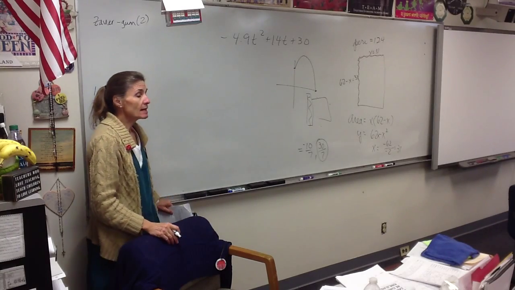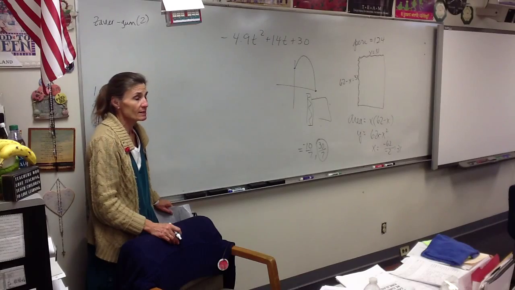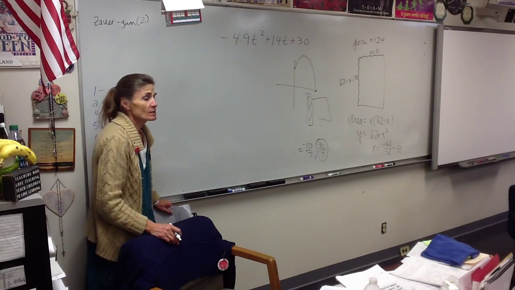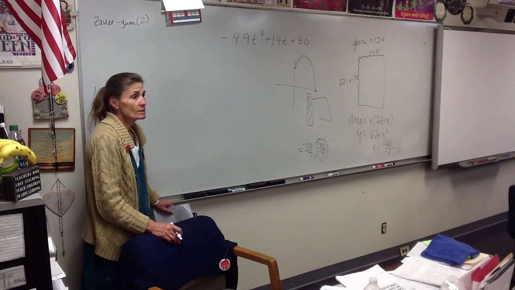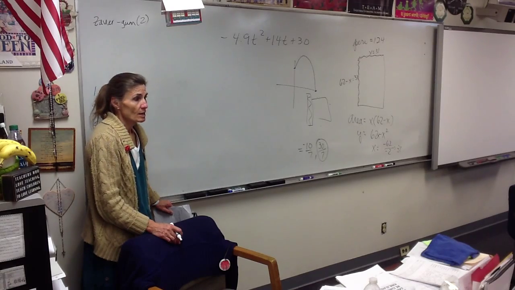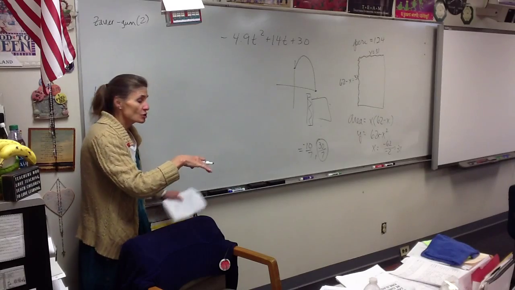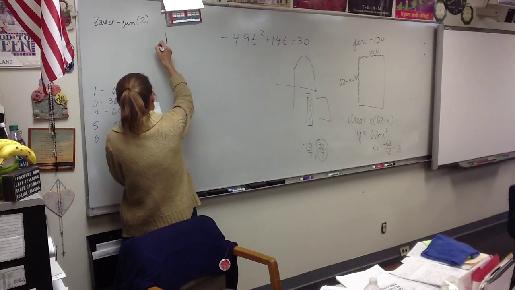Now, anytime it says find the remainder, division is an option, but I do not want to divide this. Too many zeros. It's x to the 100th. I don't want to mess around with that. So what do I do instead? If all I want is the remainder, I plug in what I would have divided by. So if I were going to do the division, what would be out here in the box? -1.